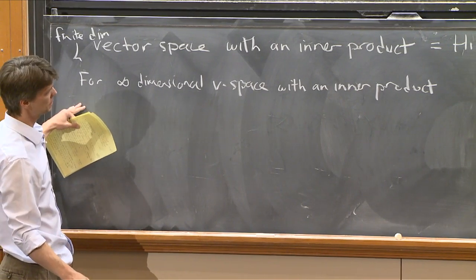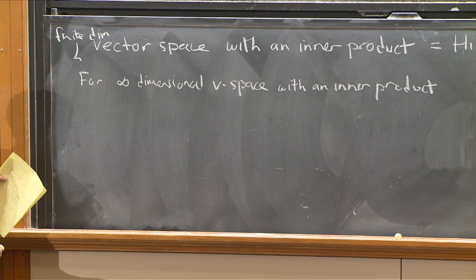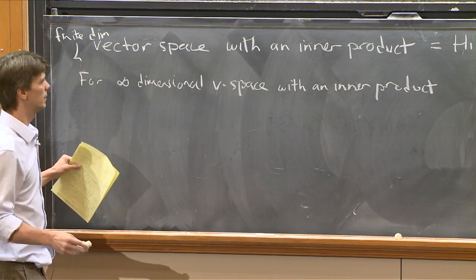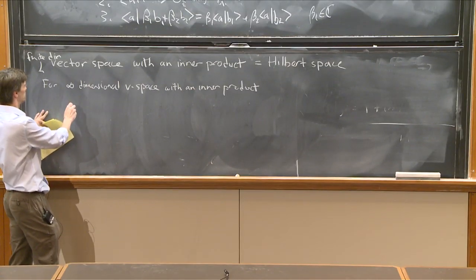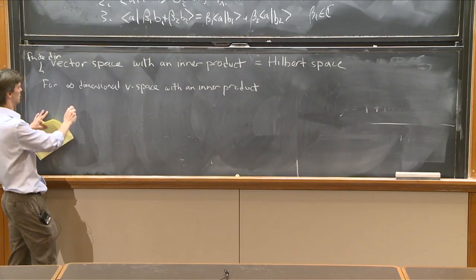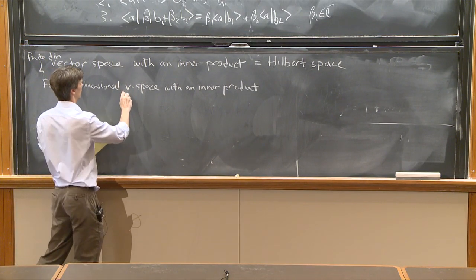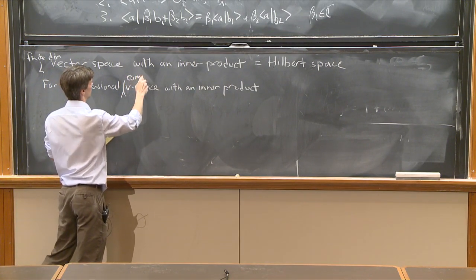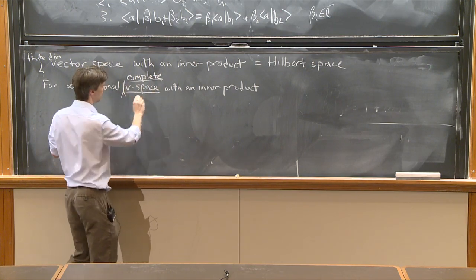This is a kind of technical point that I don't want to spend too much time on. Let me just write it down. I haven't defined what this complete vector space means.